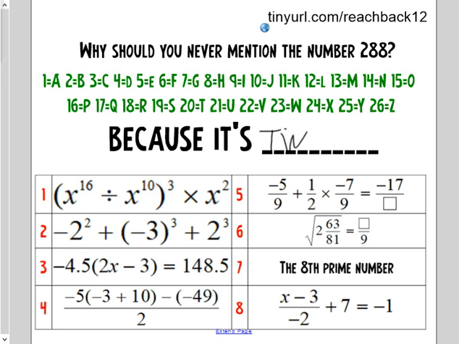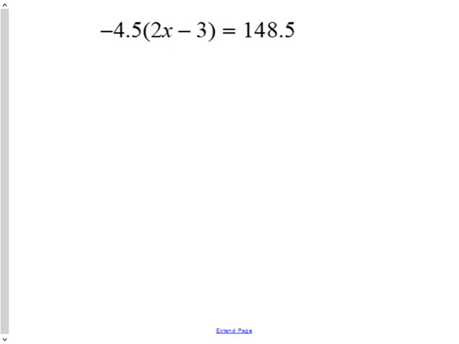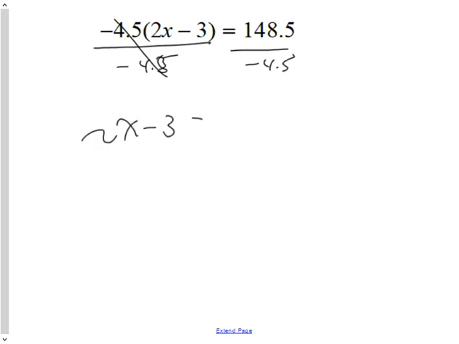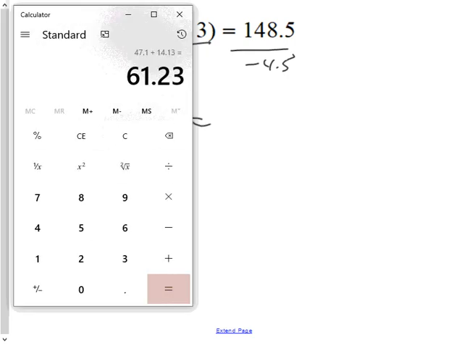The third question gives us an algebra question with distributive property. We could expand using distributive property first, multiplying both terms inside the bracket by negative 4.5. Or, alternatively, since I have negative 4.5 groups of 2x minus 3, I can divide both sides by negative 4.5 to get 2x minus 3 is equal to 148.5 divided by 4.5.